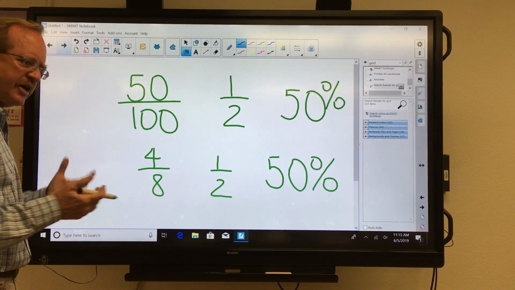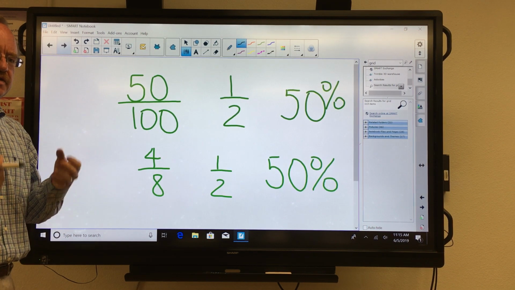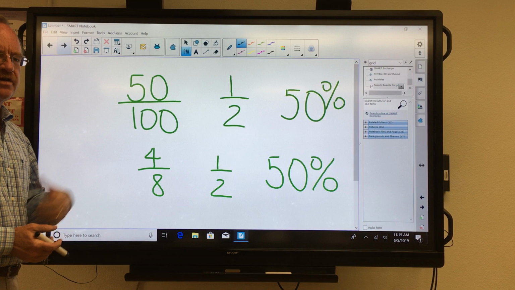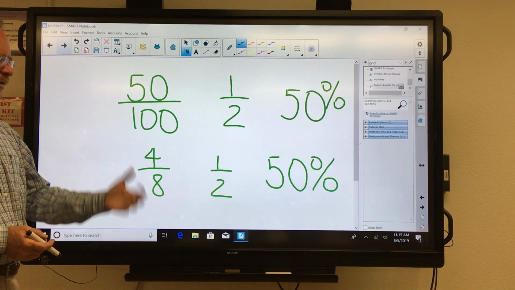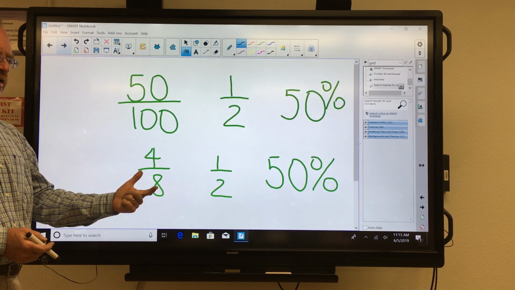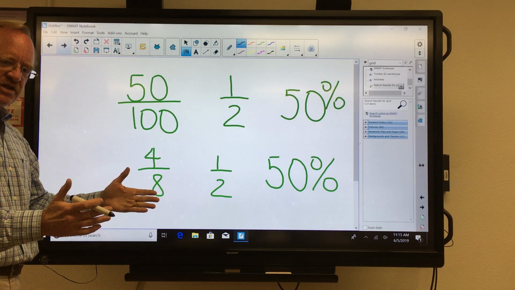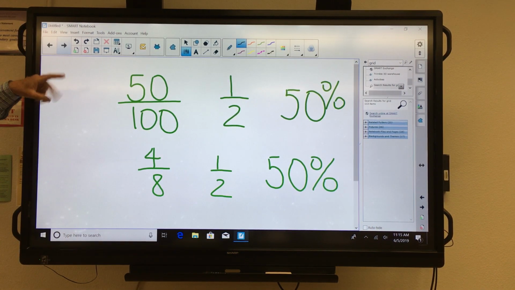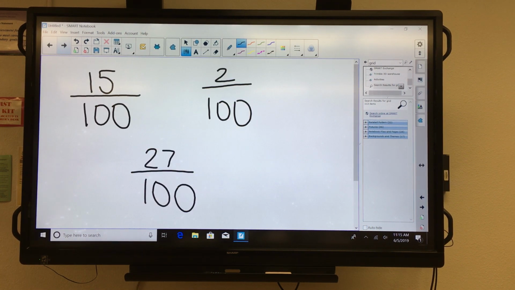So really, fractions and percents are the same thing, it's just saying it differently. Just like if I said to you casa, or I said house, one way in Spanish, one way in English, but it means the same thing. It's my house. So let's talk about how to convert a fraction to a percent.